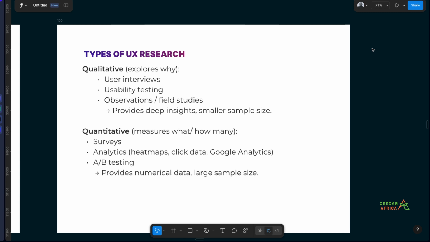Now, what this method of research does is that it provides deep insights to that product or the whole body of research. It provides deep insight. So imagine you're having a one-on-one conversation with somebody. I want to build a social media application or a matchmaking application that matches people together, a male and a female.